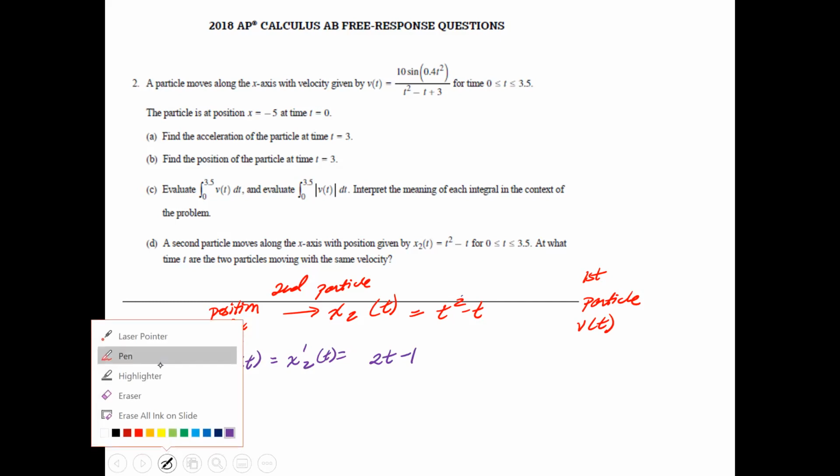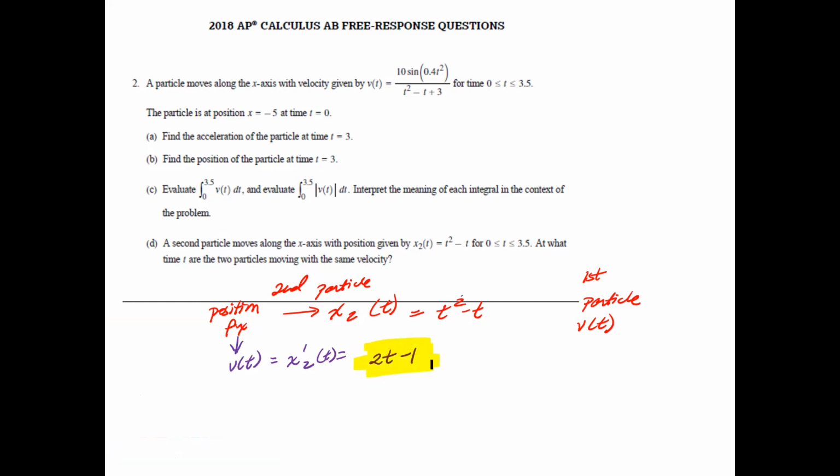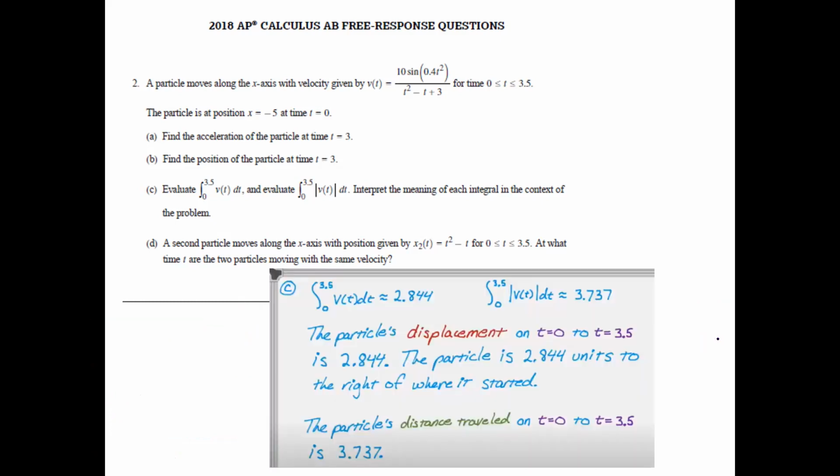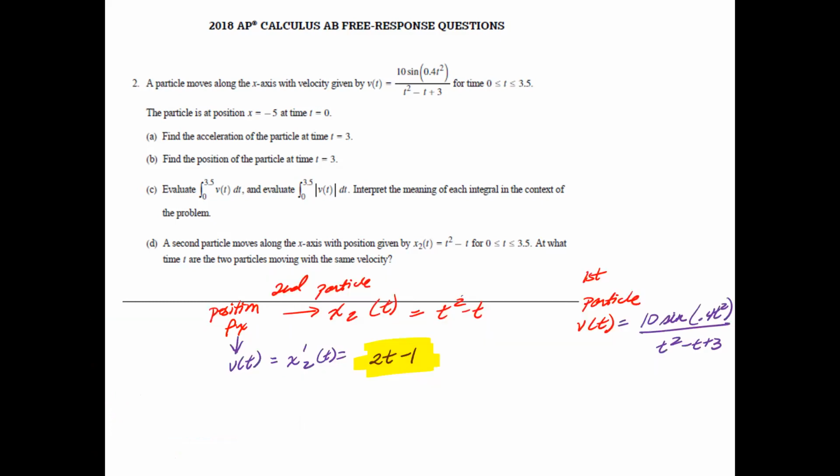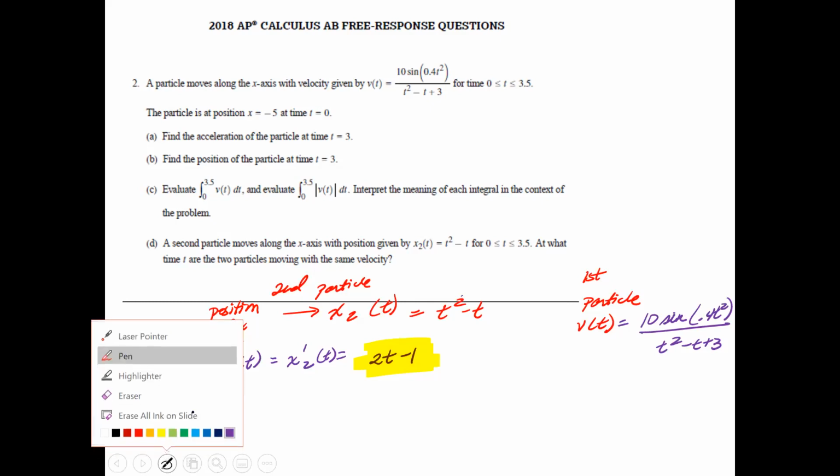And then we're going to take this part and set it equal to the v of t of the first particle, which is 10 sine 0.4 t squared over t squared minus t plus 3. Now, there are two different ways you can approach this.